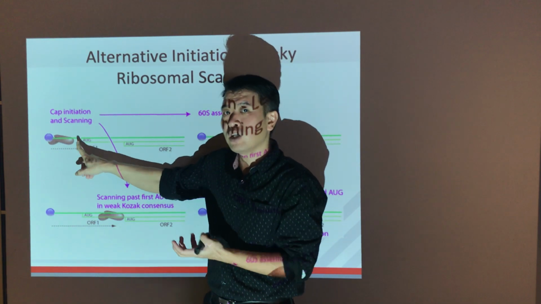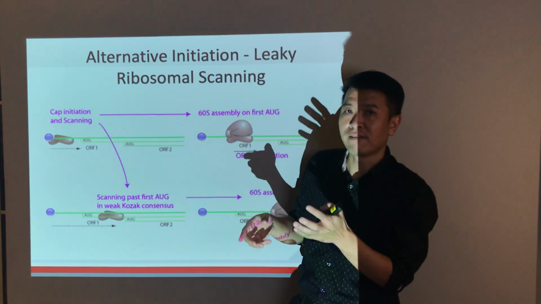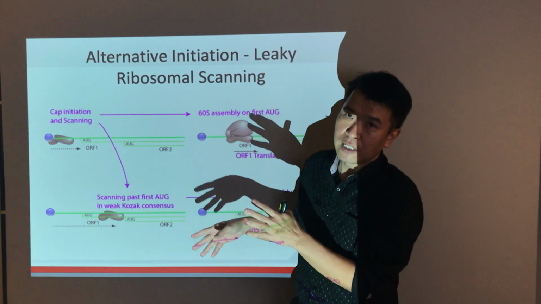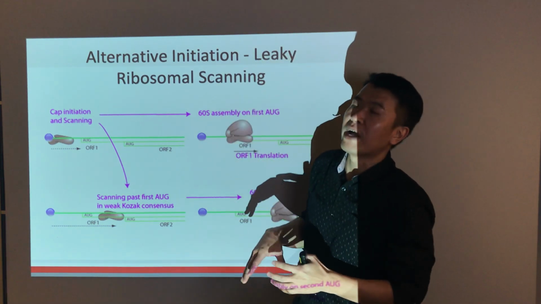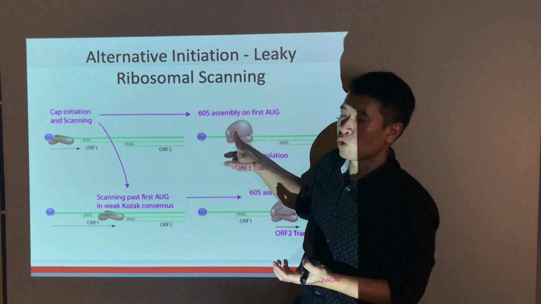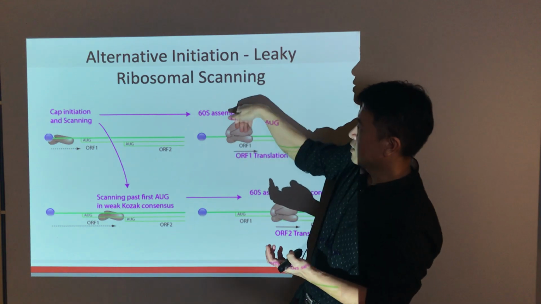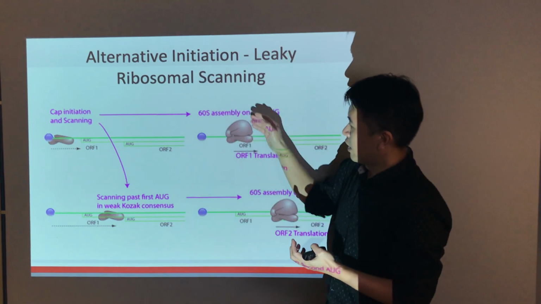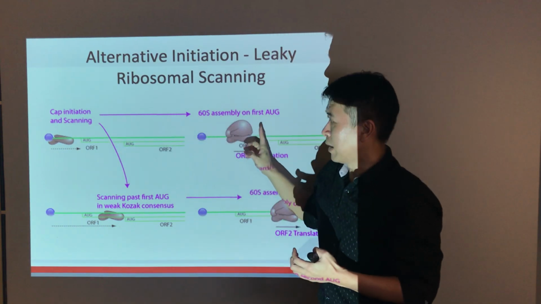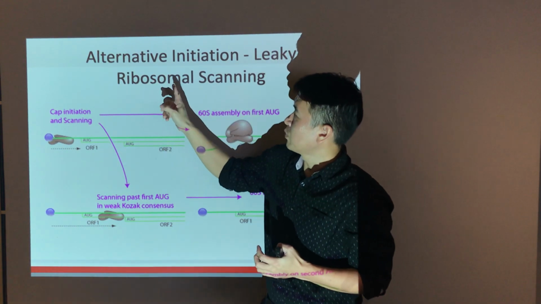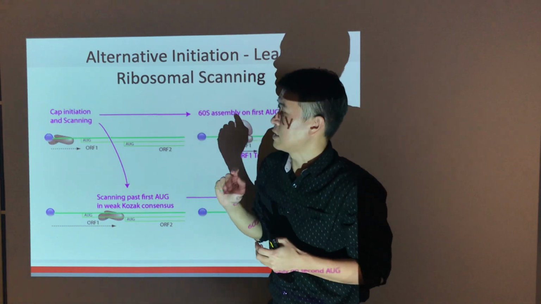Once they find AUG, EIF5 and 5B hydrolyze GTP to GDP and dissociate the whole EIF, and the 60S ribosome binds to it and starts synthesizing, adding amino acids. This is the standard method, but there is also alternative initiation.